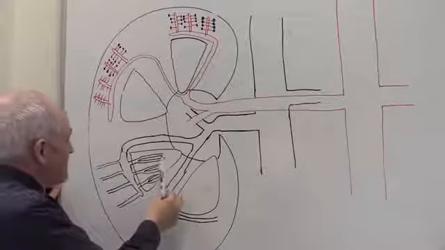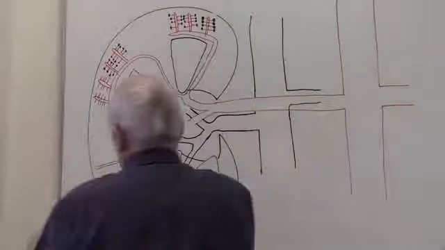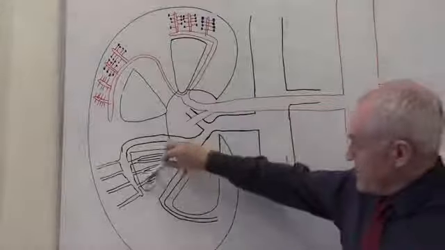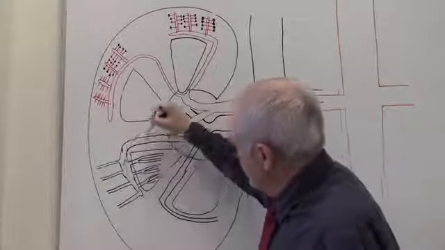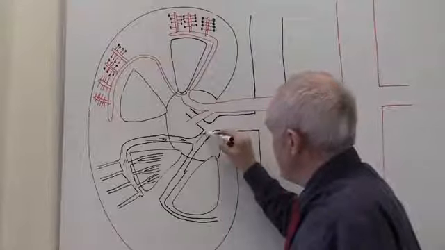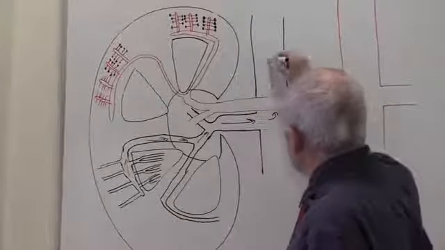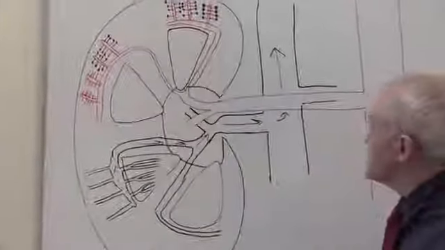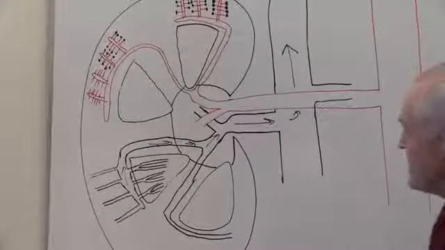From here, the vasa recta are draining up, the interlobular veins are draining down, taking the blood back into the arcuate vein, taking blood back to the segmental vein, back to the renal vein, where it's going to start its journey back to the right atrium. So the blood supply through the kidney.